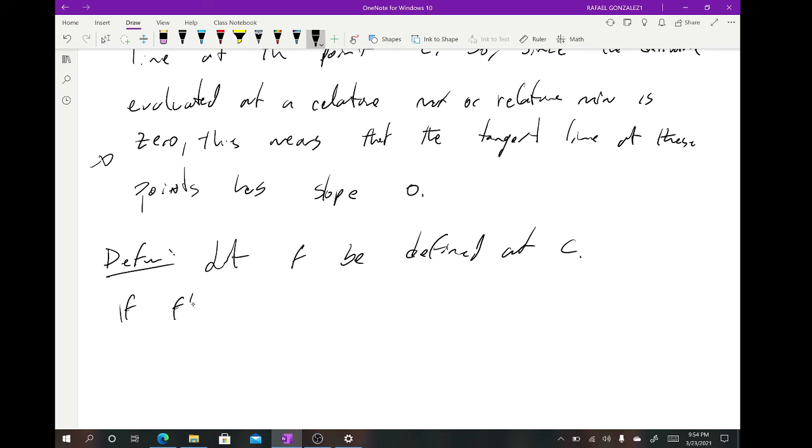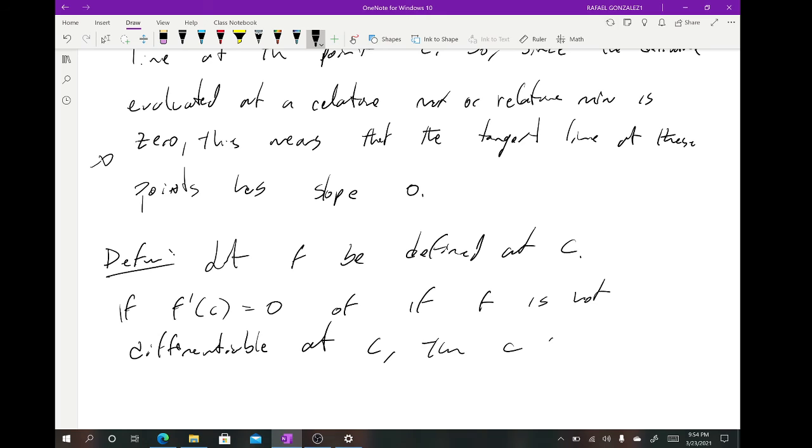If the derivative at c is equal to 0, or if f is not differentiable at c, then c is a so-called critical number of f.